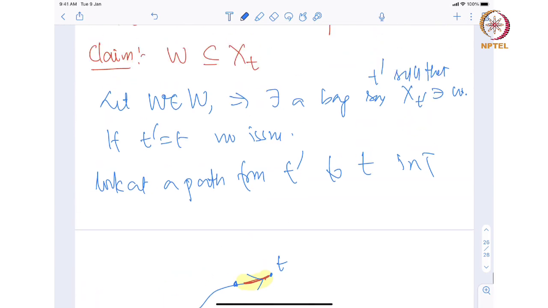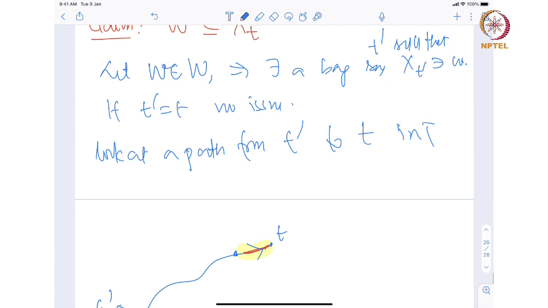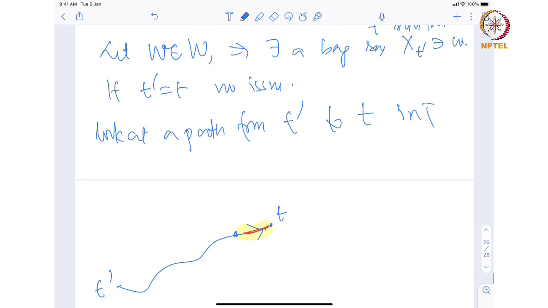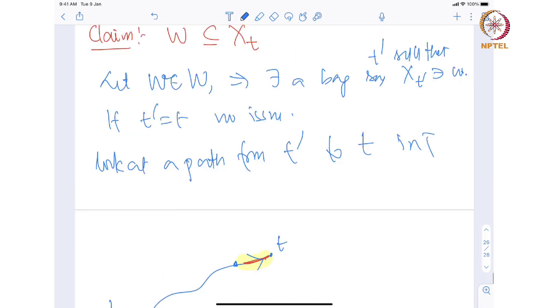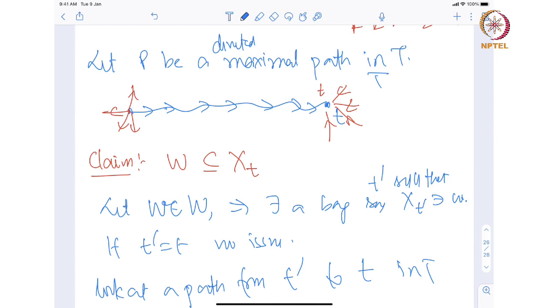Because t is like a sink, t is not a source. What is the property of t? It does not have any outgoing edge, it only has incoming edges.